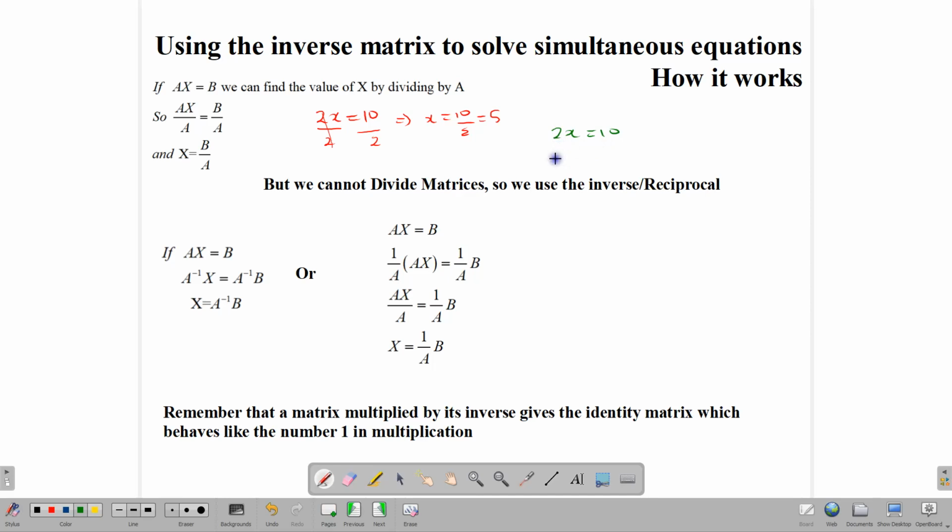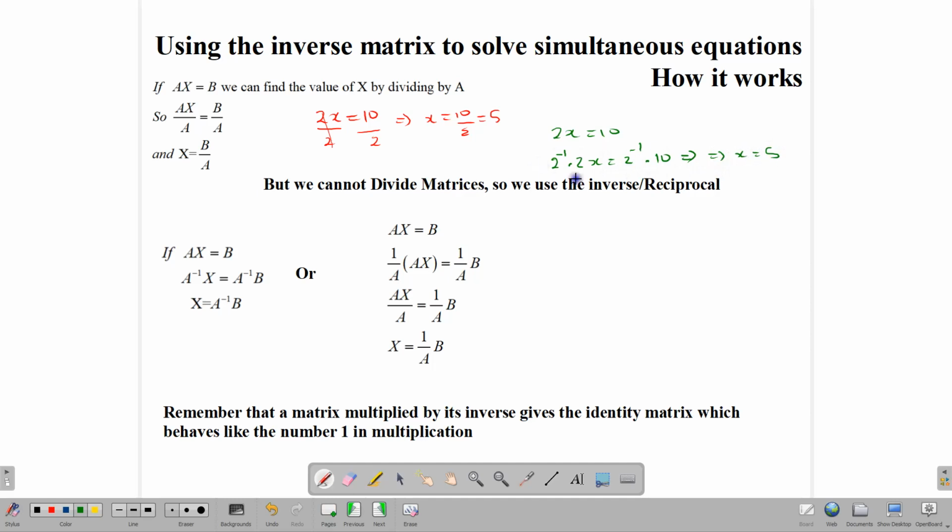So the reciprocal of 2 can be written as 2 to the minus 1 times 2x would be equal to 2 to the minus 1 times 10. It's an odd way to write it. Normal people wouldn't do this. But 2 to the minus 1 times 2 is actually equal to 2 times 1 over 2. And that would actually give us the same result as x is equal to 5.